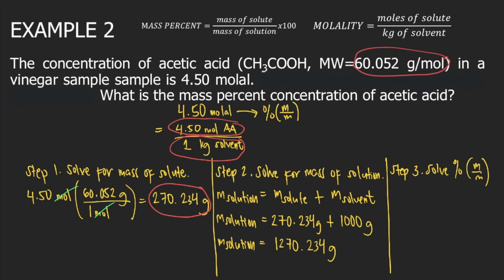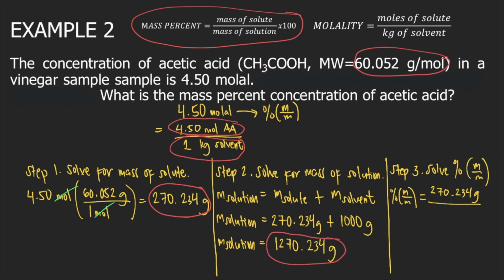And finally, step 3 is to solve for mass percent. So we will be using this formula above for mass percent. So mass percent is equal to the mass of solute, which we got in step 1, 270.234 grams, divided by mass of solution, which we got in step 2, 1,270.234 grams times 100.